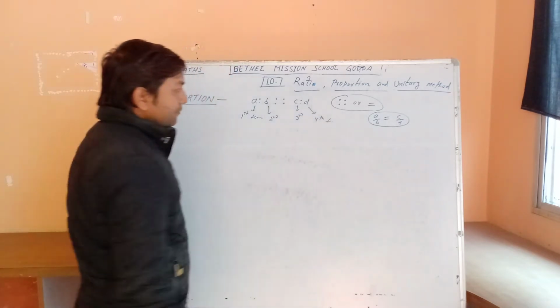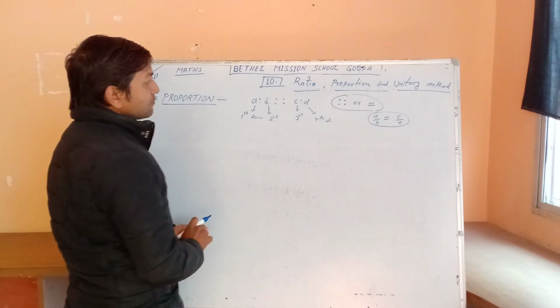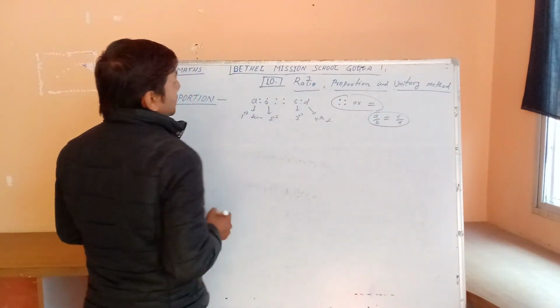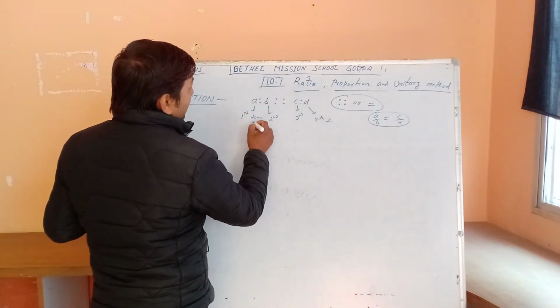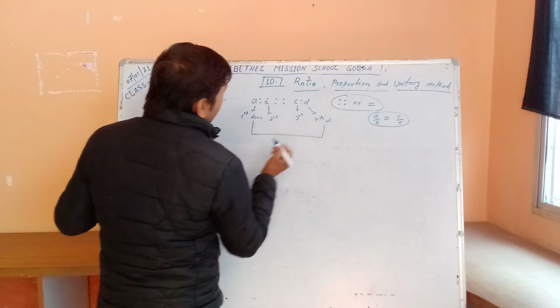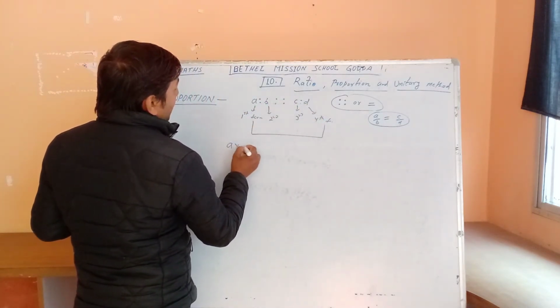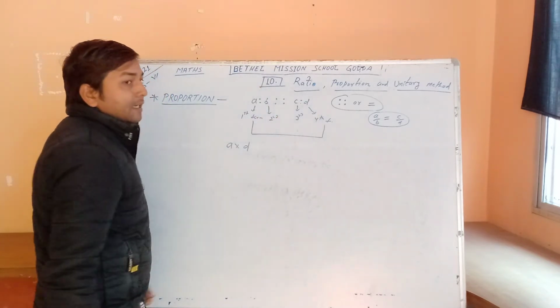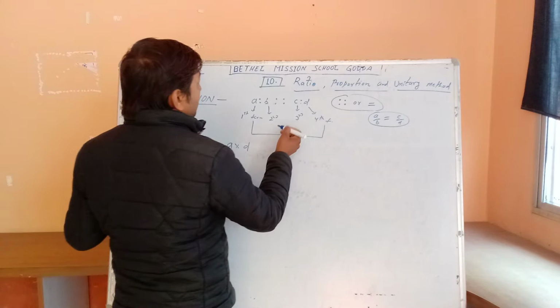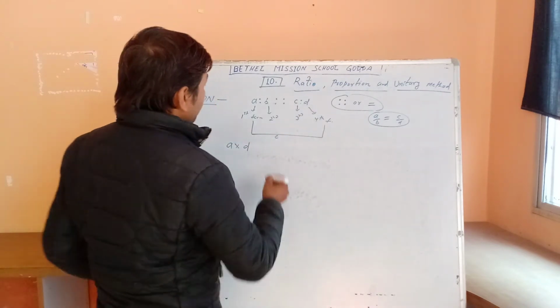Okay, so A and D, it means A multiply D. A and D are said to be extremes. What is extremes?